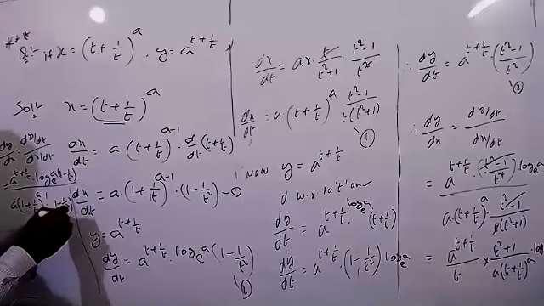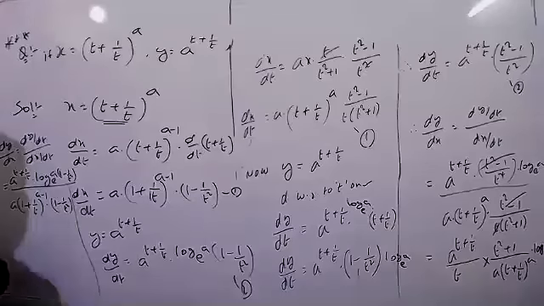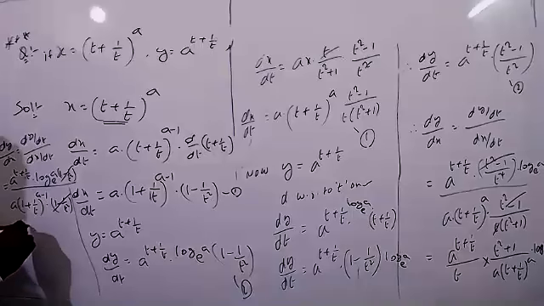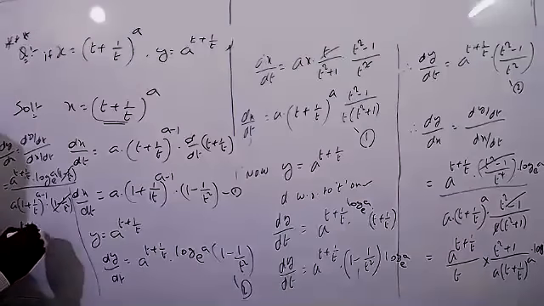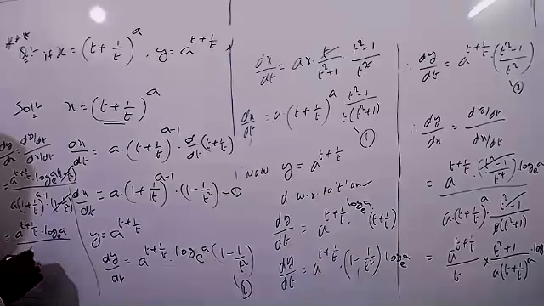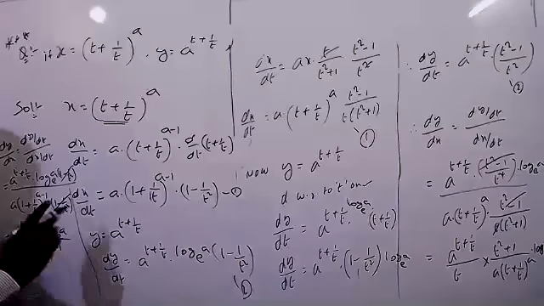Now these two will be cancelled. So what is the answer? a power t plus 1 by t into log a base e, whole by a into (1 plus 1 by t) whole power a minus 1. The answer.